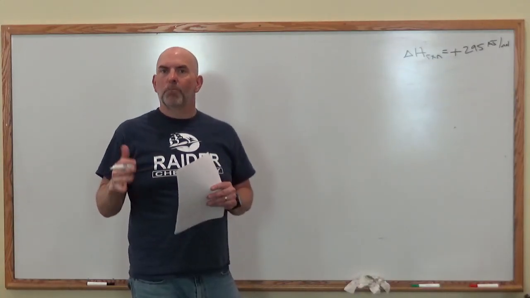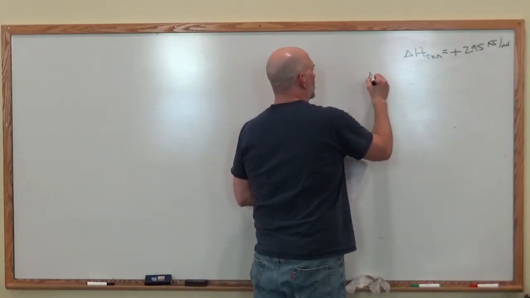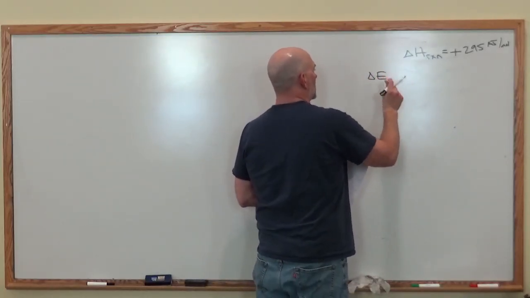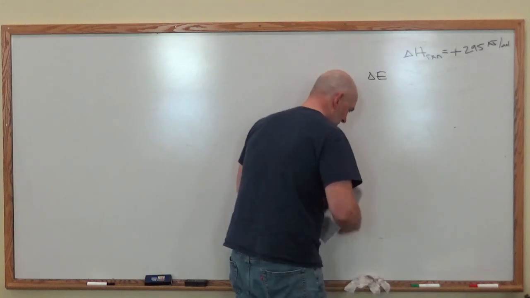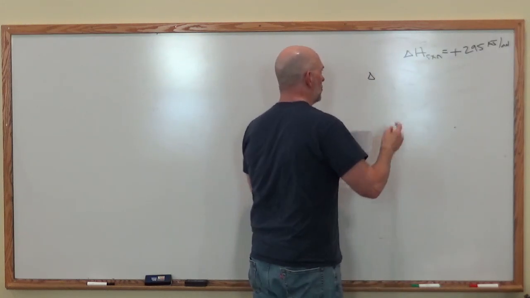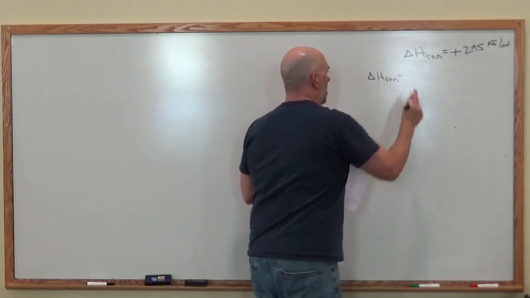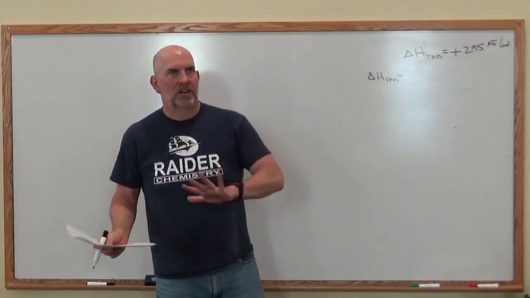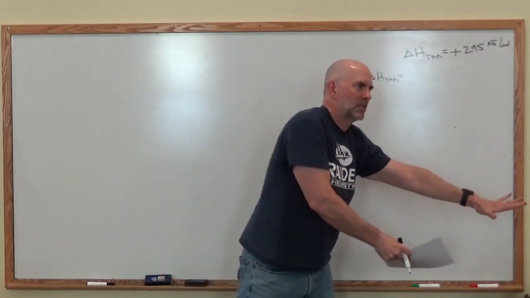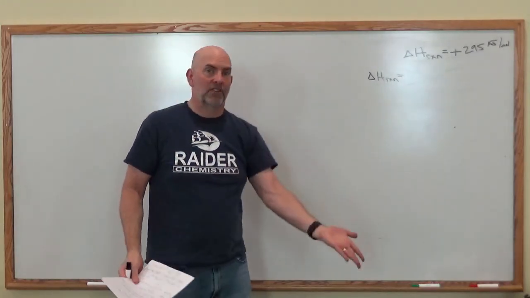So the way you do bond energies, this is just a generic equation. If you want to know the heat of a reaction using bond energies, that's not right. And this is part of the review, but I'm just making sure you understand it. Remember, using the heats of formation, it was the heats of formation of the products minus the heats of formation of the reactants, and that gives you the heat of the reaction.